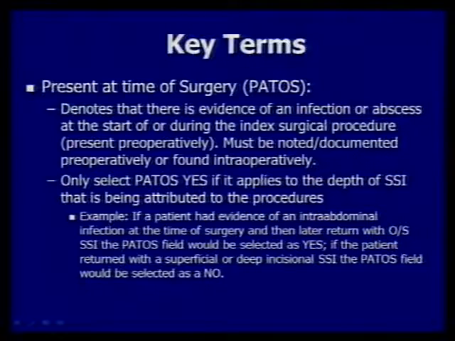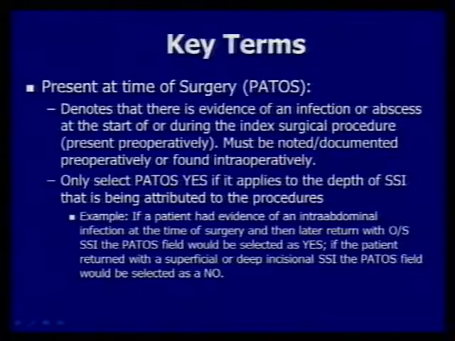And then the other thing that is a little problematic, if that patient comes back with a surgical site infection and they did have an infection present at time of the original surgery, the infection at the time of the original surgery and the SSI have to be at the same level for you to be able to check PATOS yes.